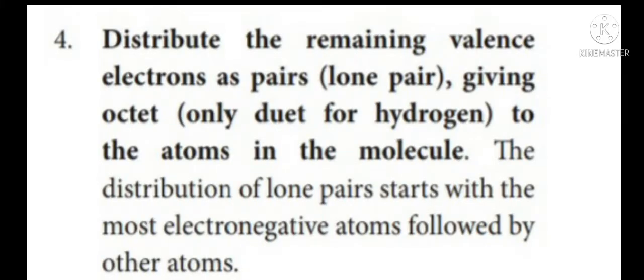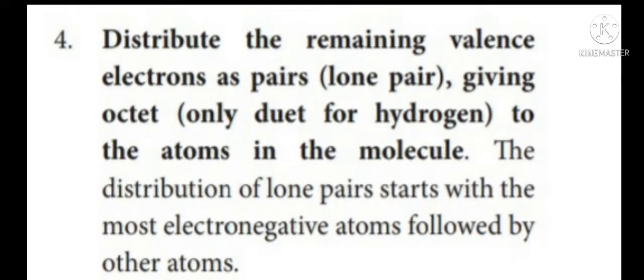Step 4. Distribute the remaining valence electrons as pairs, that is, lone pairs giving octet to the atoms in the molecule. Only do it for hydrogen.